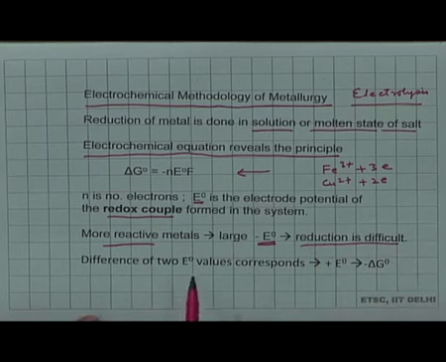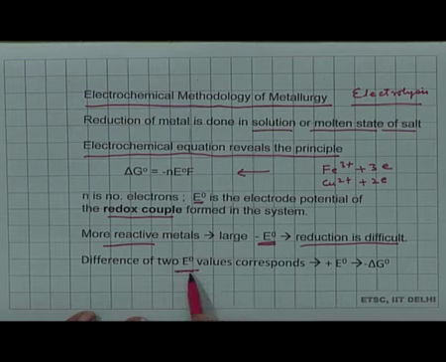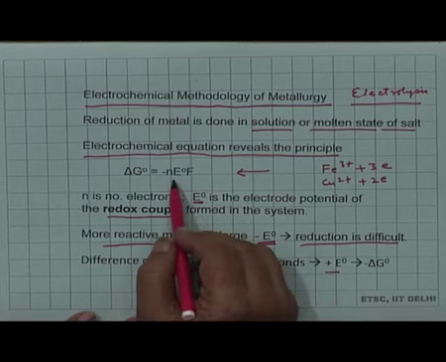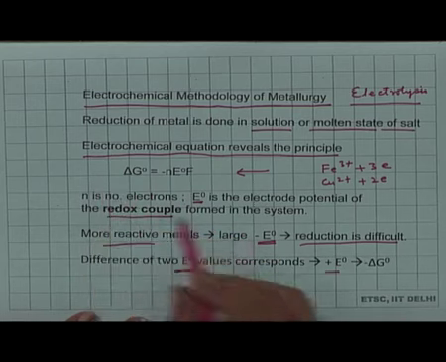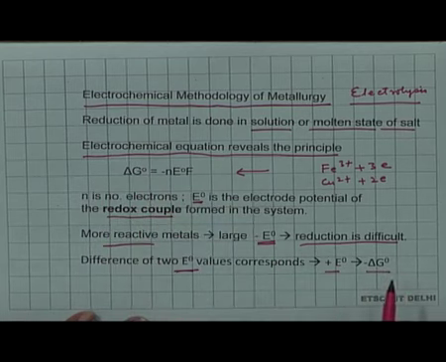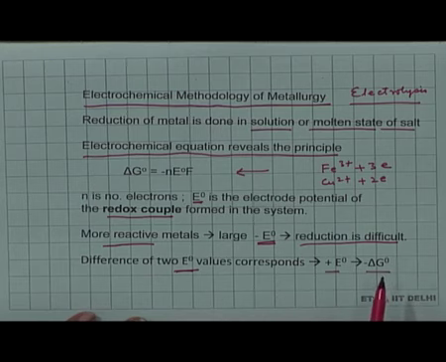So, for application of this electrochemical method of metallurgy, the essential requirement is that the E0 values of the redox couple should be positive. If it is positive, it will give a negative delta G and the electrochemical process will be feasible.